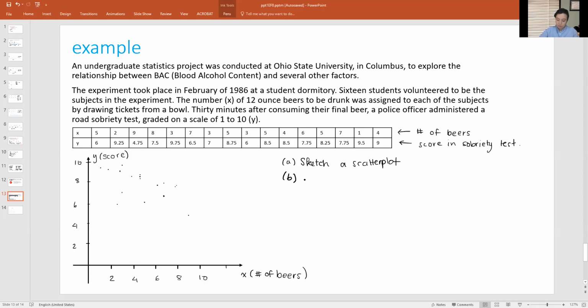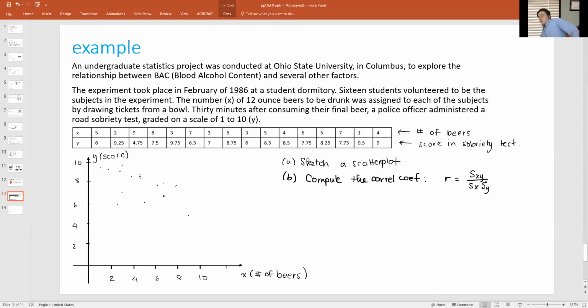The next thing that we're going to have to do is to calculate the correlation coefficient, which we know is of the form R is equal to S_XY divided by S_X times S_Y.